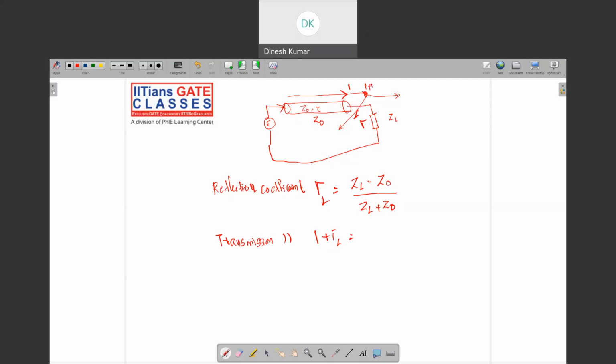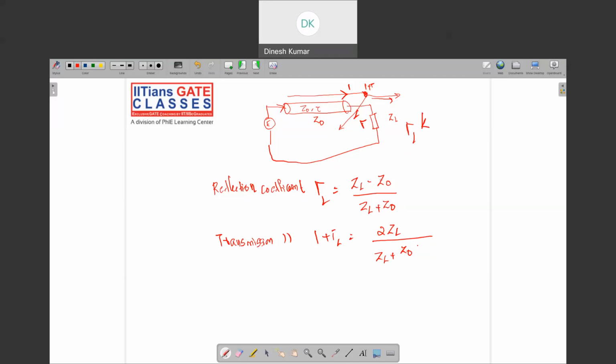This 1 plus gamma should go through. So 1 plus gamma L is 2 ZL divided by ZL plus Z0. This is known as the transmission coefficient. So if k units of surge are coming here, then gamma L times k goes back at the reflected position and the rest goes through.